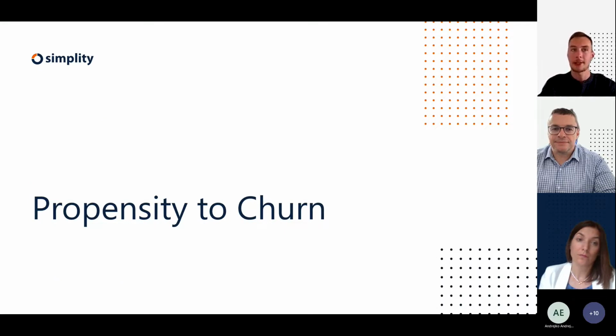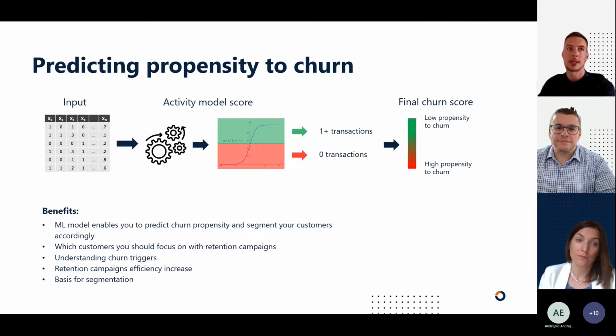So the next predictive analysis that we usually do when it comes to retention is the propensity to churn. The way this works is that we take the input, which is the historical data for 2 to 3 years into the past that we receive from you. We put it in our machine learning algorithm, and we will get a score.